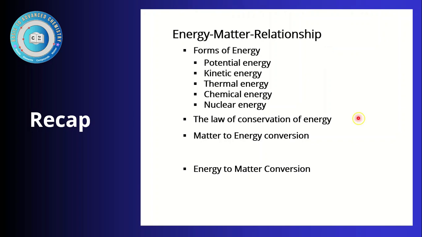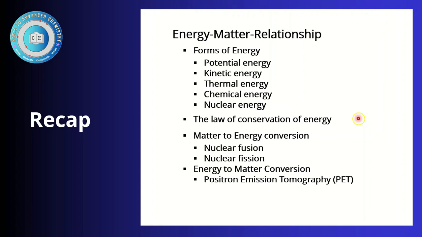The other is how matter is converted to energy. For this, we have discussed two examples, nuclear fission and nuclear fusion. How energy is converted to matter. For this one, we have seen one example, positron emission tomography.